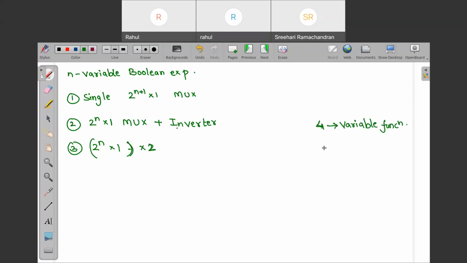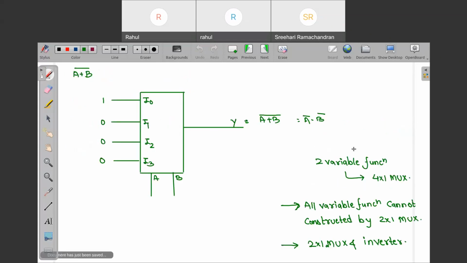Can you tell me? 16 is to... No, I told a single mux. So a single mux, that will be what? Here we have 4 variables. So 2 to the power 4 plus 1 into 1. So 2 to the power 5 into 1. So that is what? 32 cross 1 mux will be able to implement it.